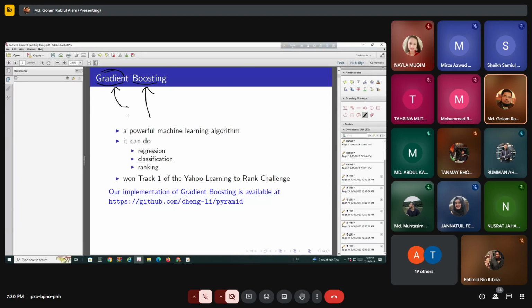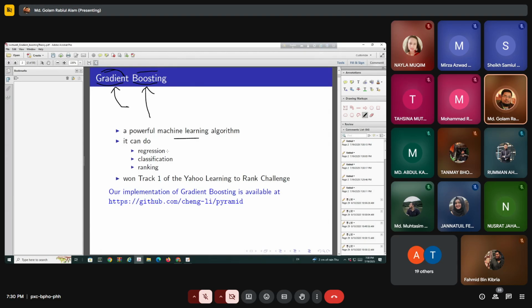So that's why the name of the algorithm is gradient boosting. It's one of the powerful learning algorithms, and based off the gradient boosting algorithm, the updated version is extreme gradient boosting, which is built on the base of gradient boosting.